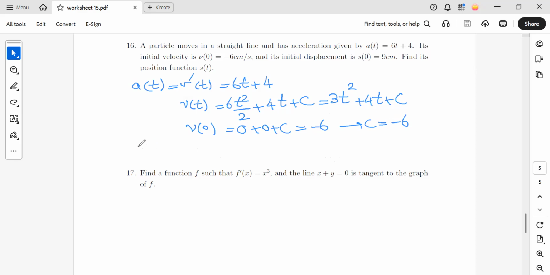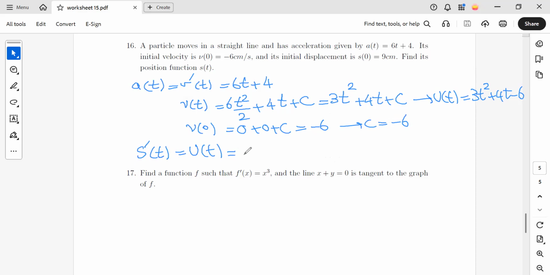Again, in order to find the motion or position function, we know that s prime, the letter for position, is the same as v of t. Okay, so we have v of t, which is 3t squared plus 4t minus 6, and we're going to find the antiderivative here.